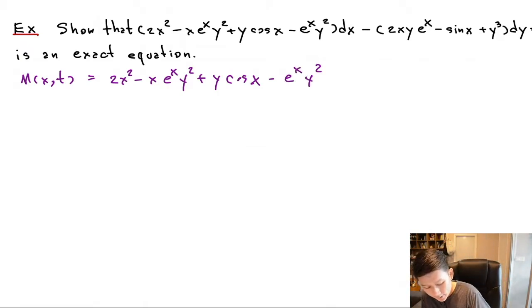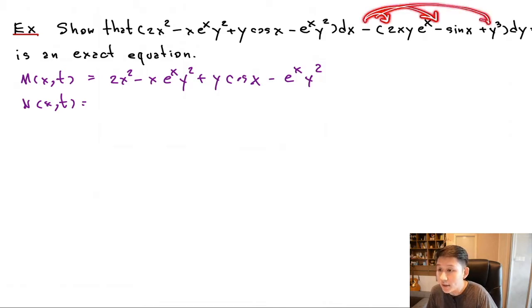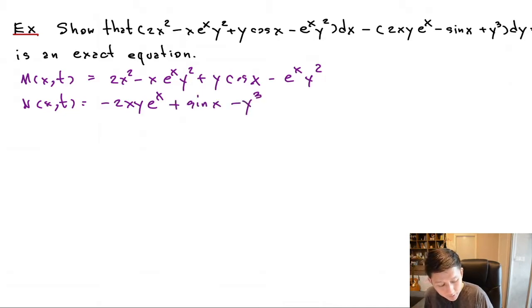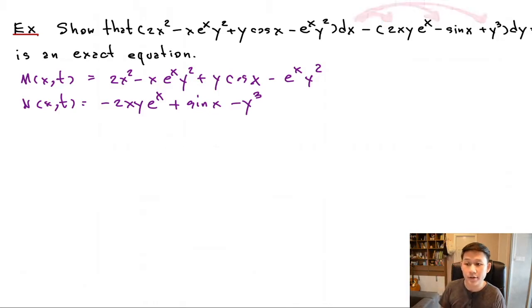And N is, can I put the minus sign in there to make it easier? So what I have for N is minus 2xy e to the x plus sin x minus y cubed, and that's N(x,y), right? I just push the minus sign into the parentheses.